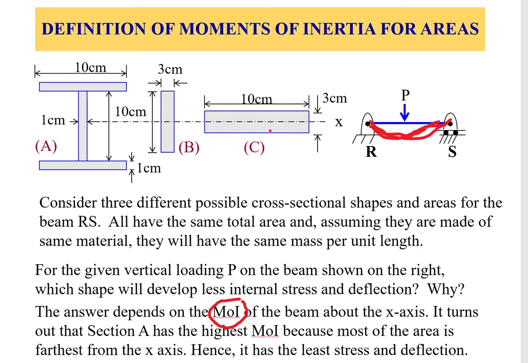So in fact, if we calculate the integration of y squared dA of these structures, where y is in the y direction like that, we will find that it's the highest for A, and this is the least. Therefore, this will have the least deflection and least stresses, because the structure that resists deflection will have less deflection at the ends, and therefore will have less stresses.